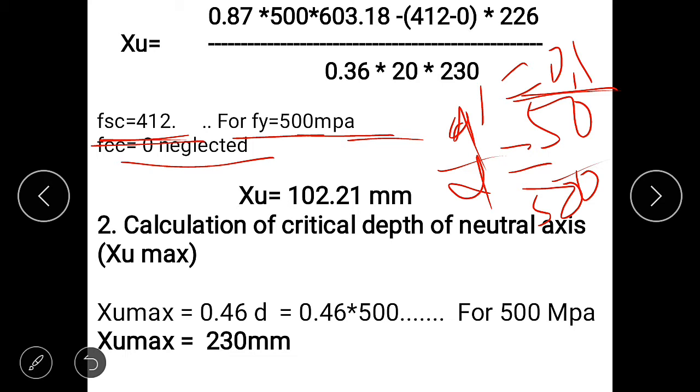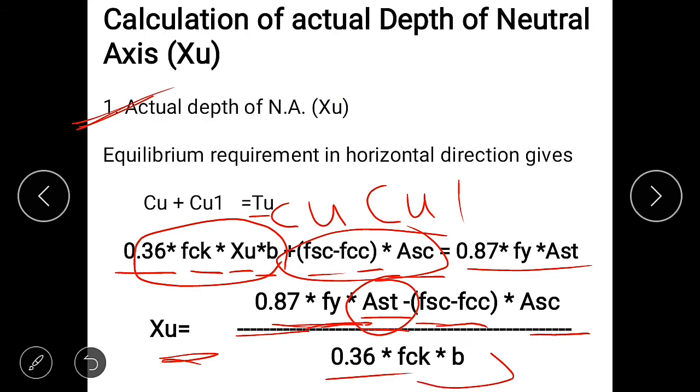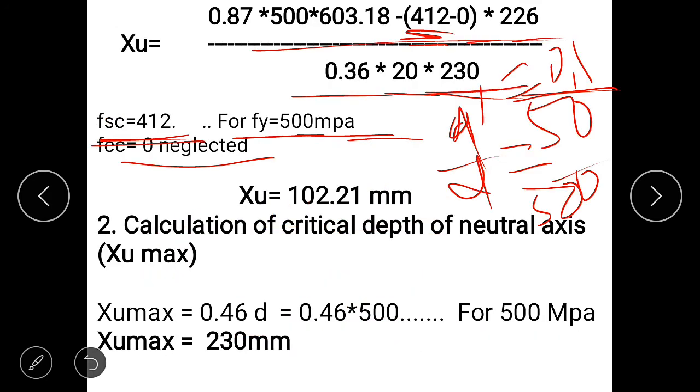So we put fsc is 412 and fcc is 0, and ASC, area of steel in compression side, is 226, divided by 0.36 into 20, where 20 is fck, and b, our width, is 230. Solving these we get Xu is 102.21 mm.